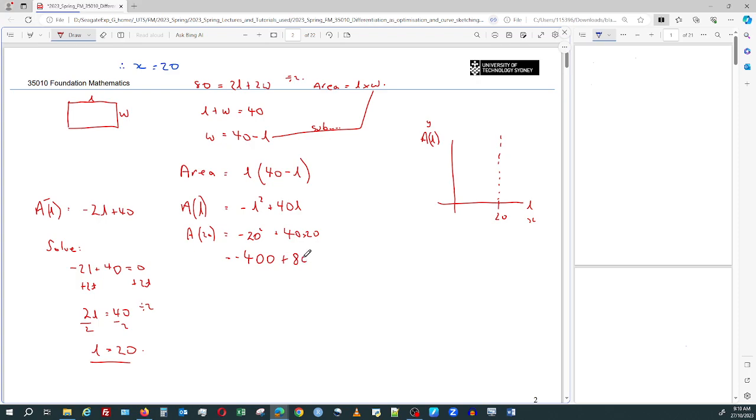Okay, so that's plus 400. So that's the value of the function at L equals 20. So that's 400. That's the area as a function of L.